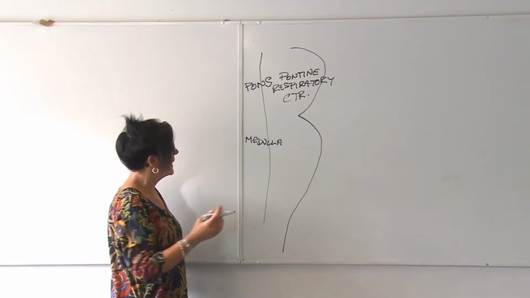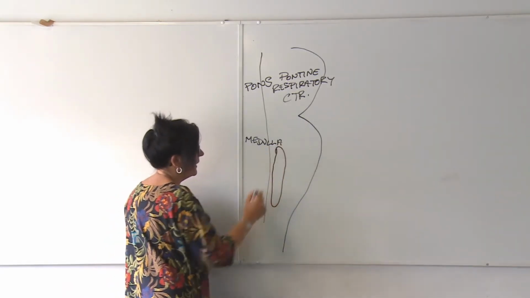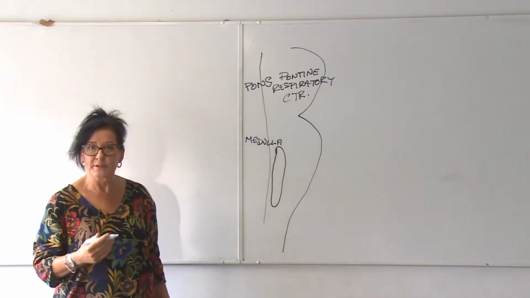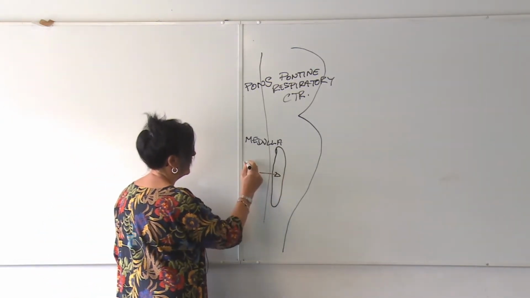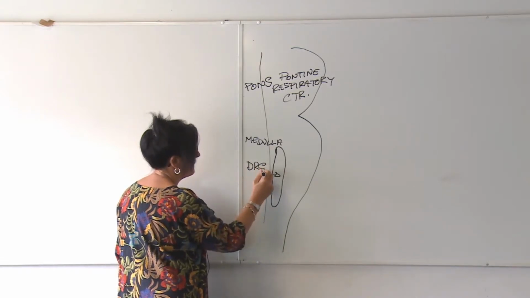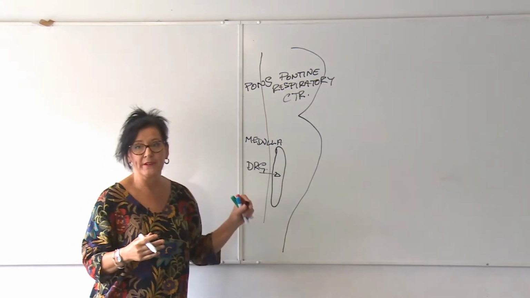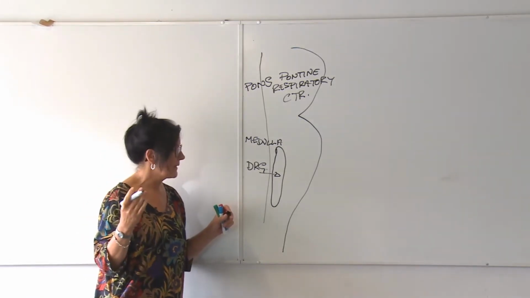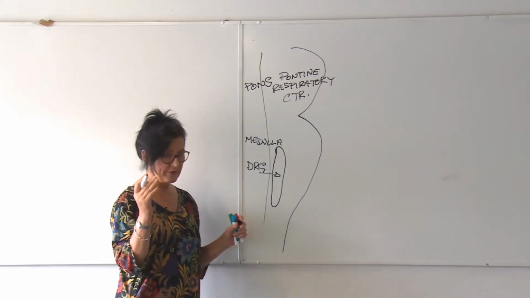So in this case, at the back, we have the dorsal respiratory group, or DRG. And we'll talk about the pontine and the DRG and what they do in a sec, but let's talk first about our ventral respiratory group.